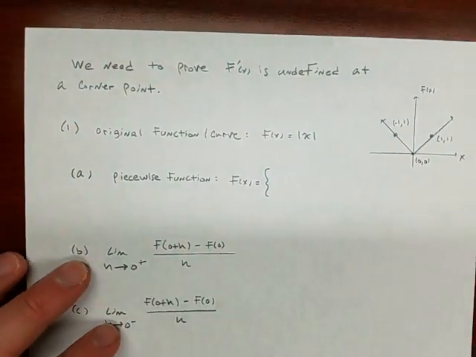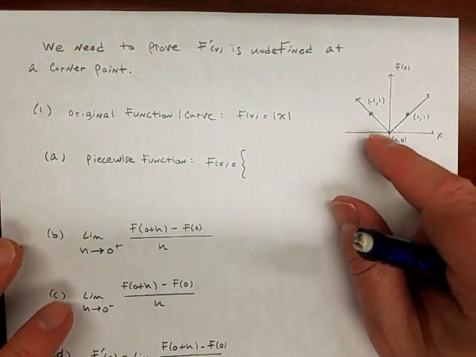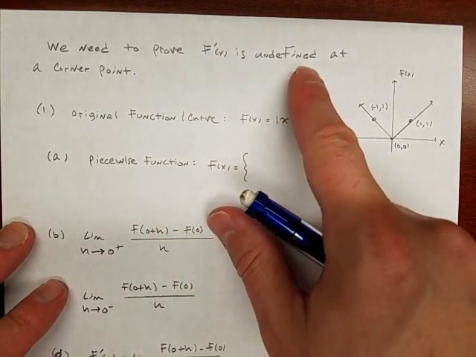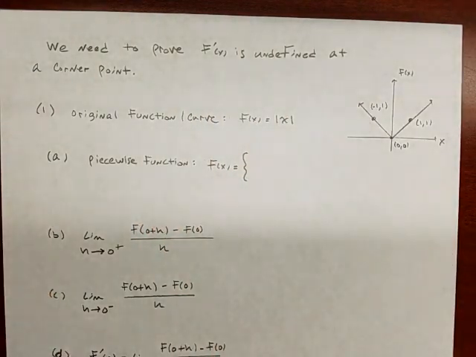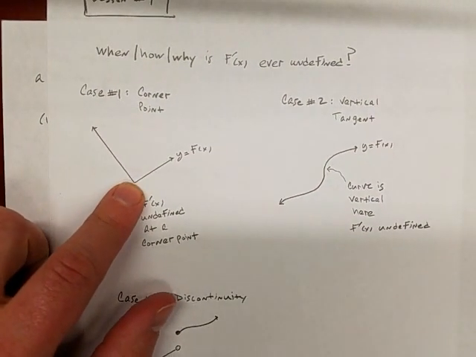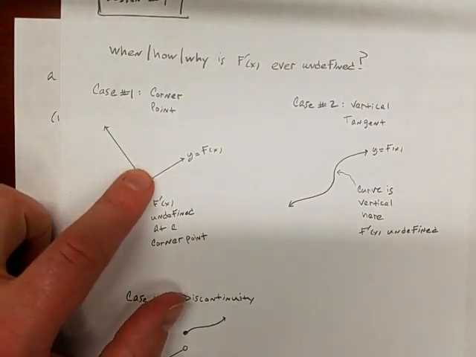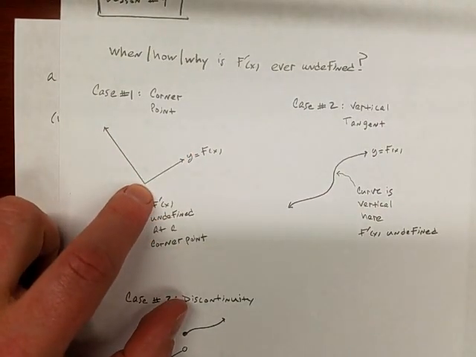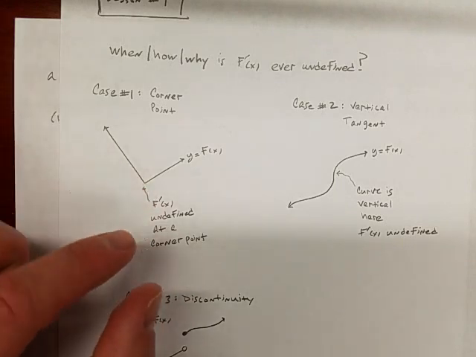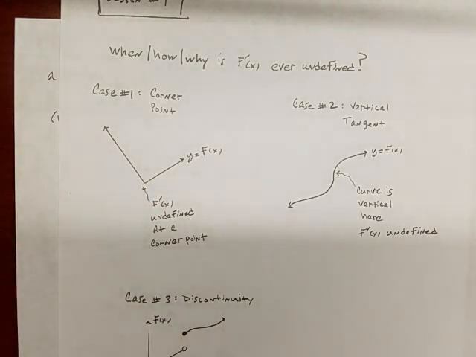Something a little harder. Well, there is, I guess, the element of proof that f prime is undefined at a corner point. I'm sure everybody will be happy enough with just instinct that if that is a corner and two lines of different slopes meet there, no matter how microscopically close you look at that corner, you just see more of the corner.